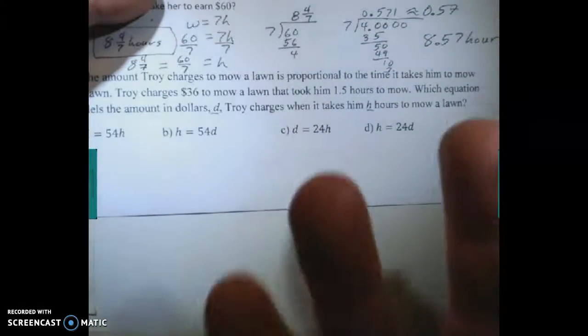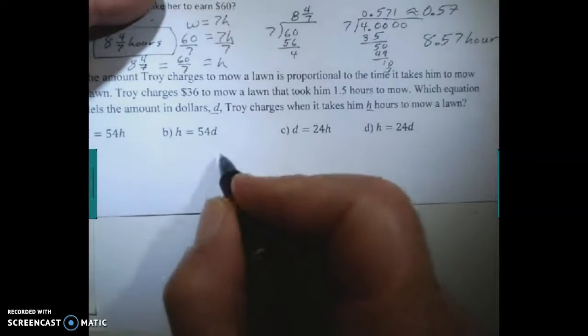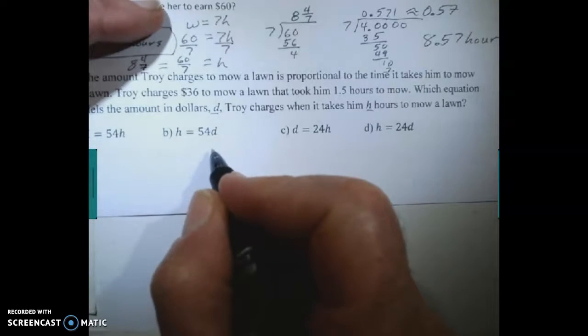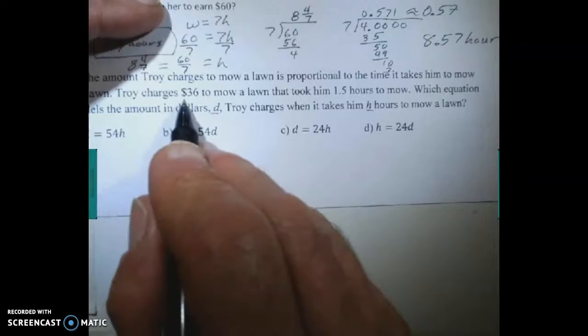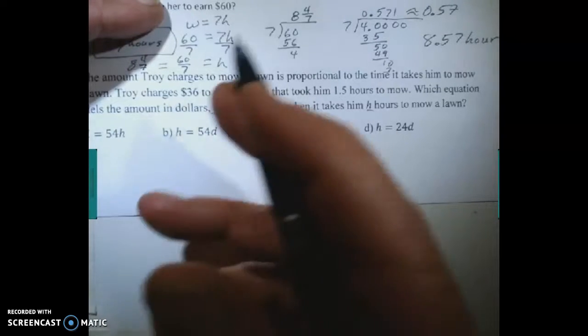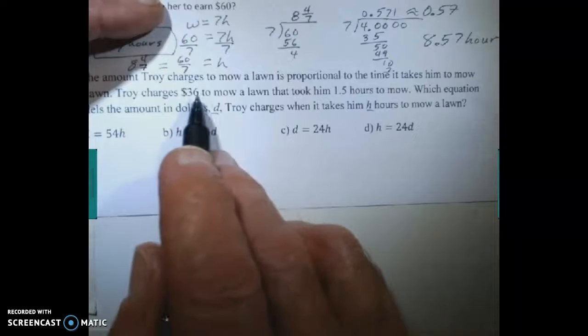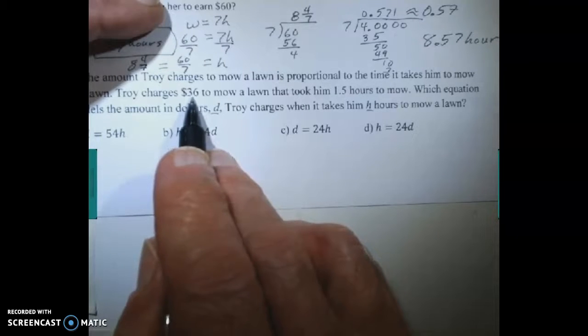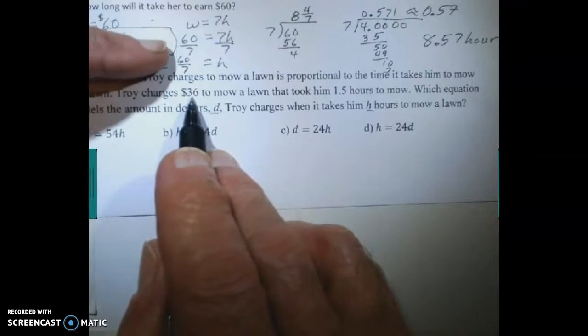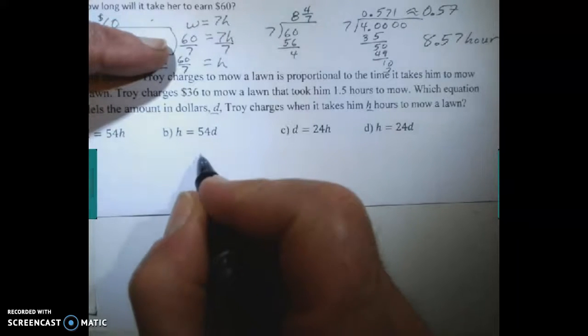First thing I would say, again, when you're writing the equation, find your unit rate. And remember, when you're setting this up, you're going to do it as y over x. Dollars normally go on top. They are normally the dependent variable.